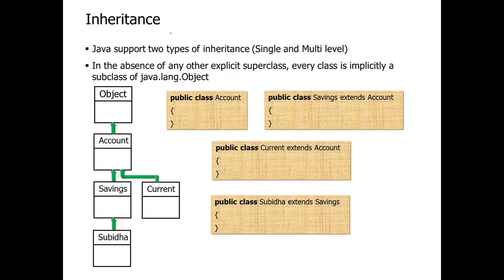Your parent class can extend to a child class, and that child class can again extend to its own child class, so on and so forth. Like in this example, we have the object class, which is the superclass of all the classes in Java. Account is extending this, and savings and current are extending account, and there is another customized class called Subida, which can access savings.